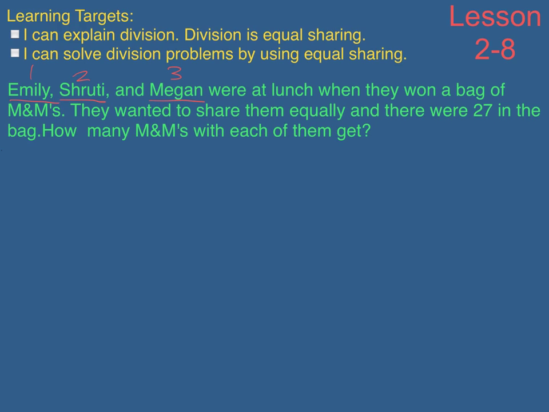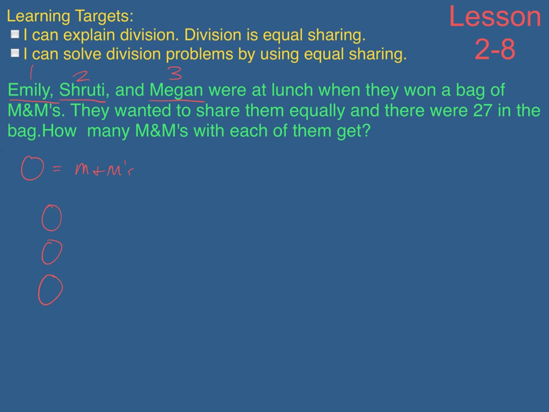And if you remember from lesson 2-7, our rows go across the page. So we're going to start them, and I'm going to use circles equal M&Ms. So I've got my little key there to help my reader. So I'm going to start my rows. 1 row, 2 rows, 3 rows.